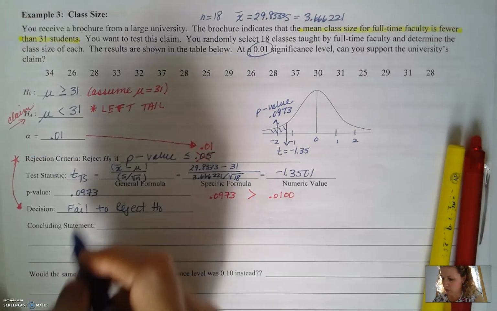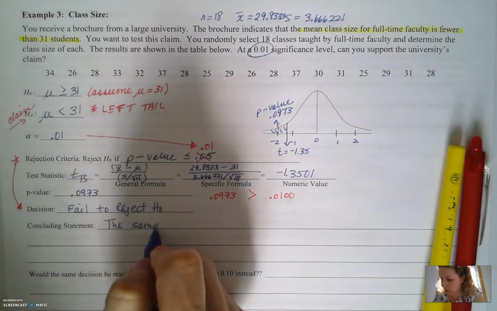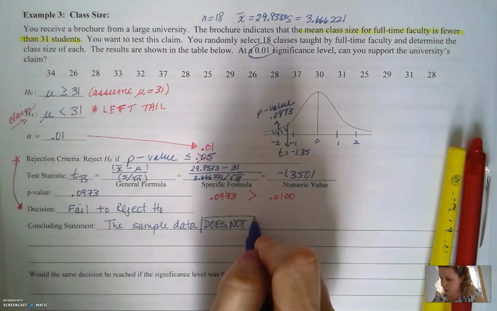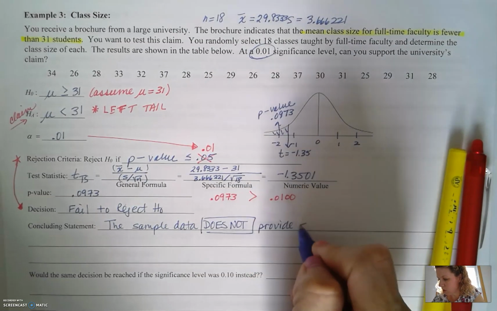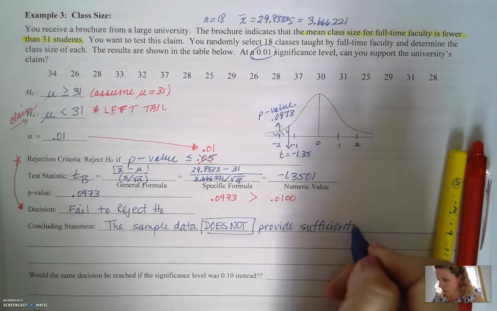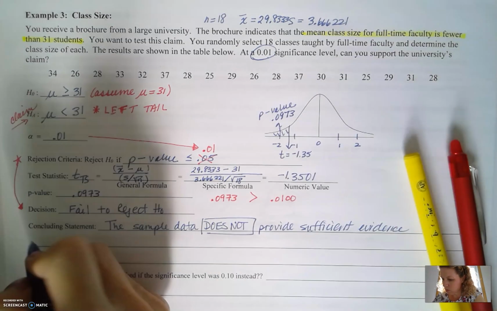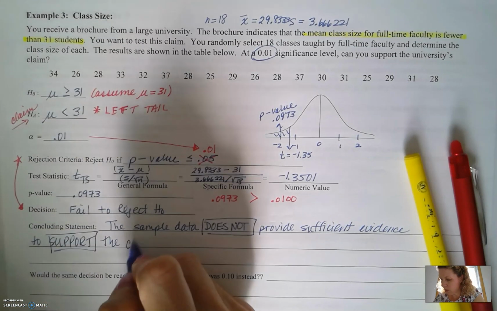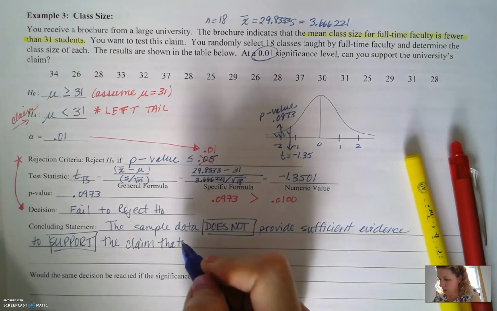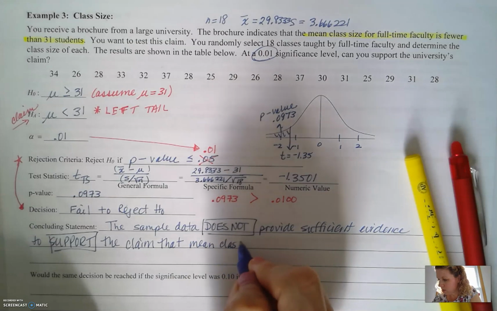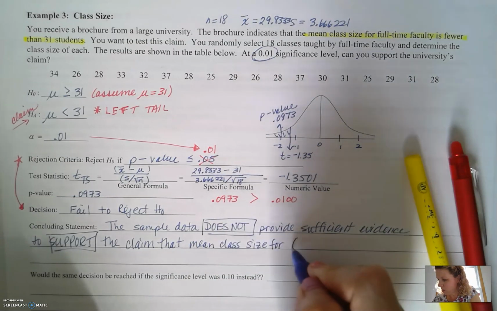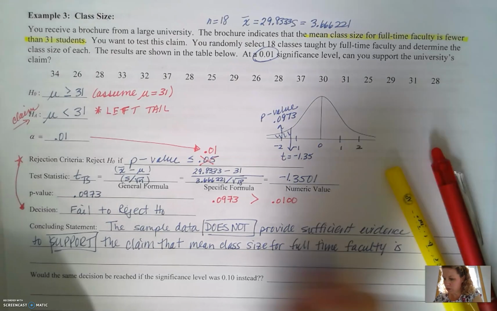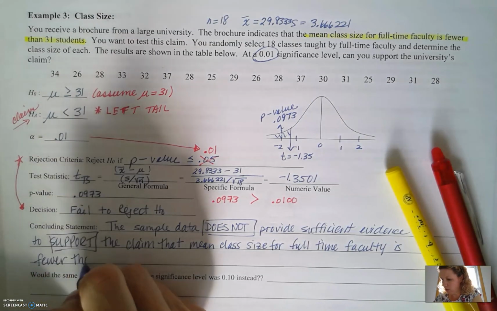So back to our paper, we can say the sample data that we collected does not provide sufficient evidence to support the claim that the mean class size for full-time faculty is fewer than 31 students.